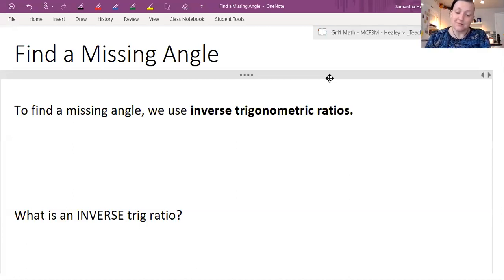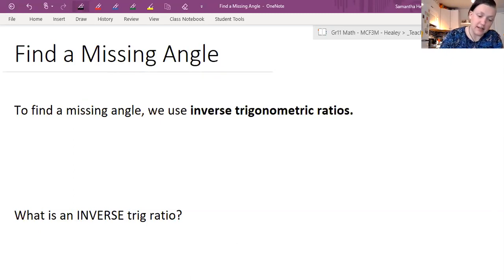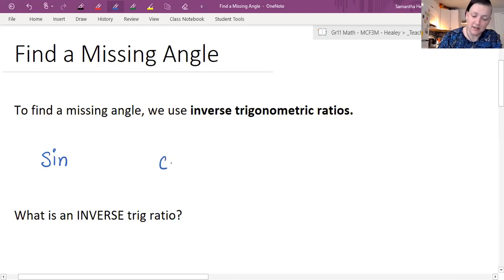So to find a missing angle, we use inverse trigonometric ratios. Normally we've used sine, which we abbreviate SIN, cosine, which we abbreviate COS, and tangent, which we abbreviate TAN. Now we're going to use the inverse.